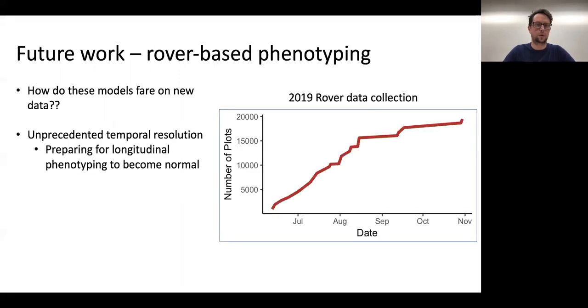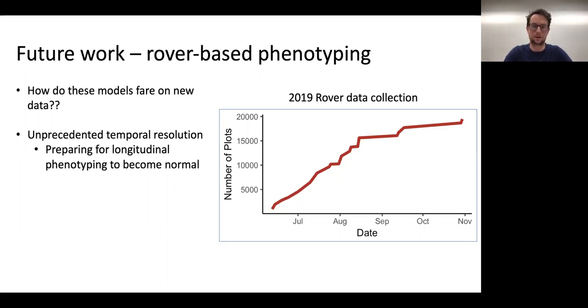As far as future work with just rover-based phenotyping in general goes, regardless of whether we analyze the data with this latent phenotyping approach or just measure traditional phenotypes from the data we collect, these rovers have been really promising, and they're offering really unprecedented temporal resolution for this scale of field experiment.